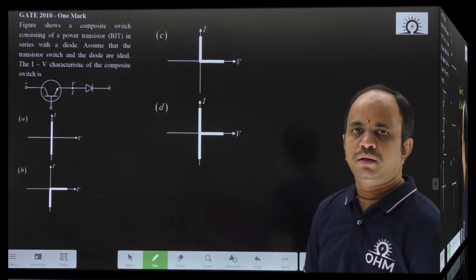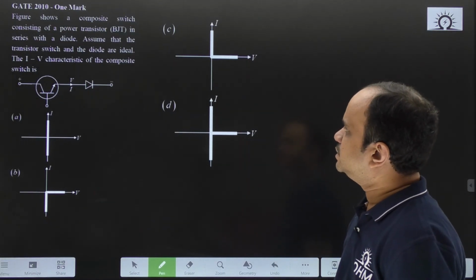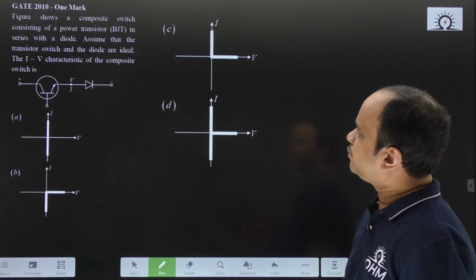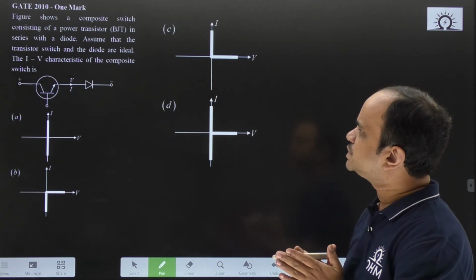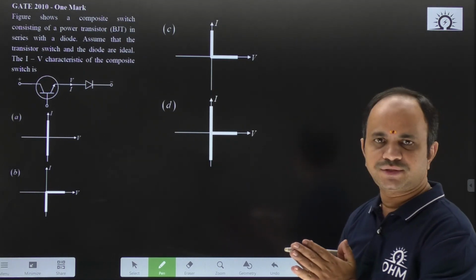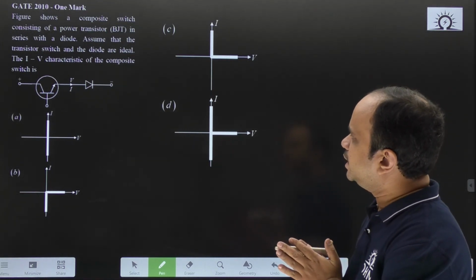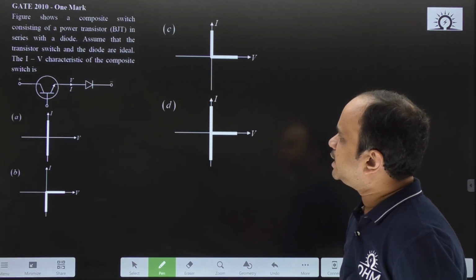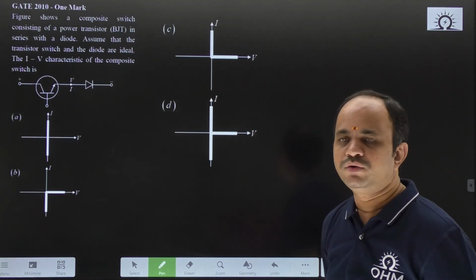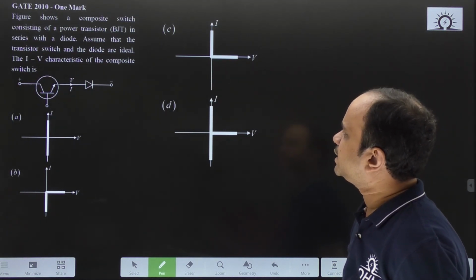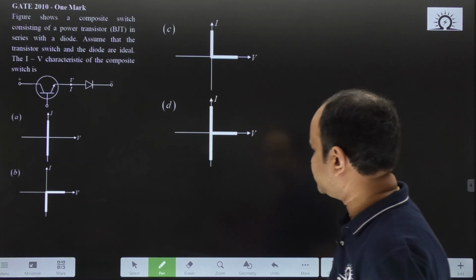Now, let us go to the next question. This question was given in GATE 2010 for 1 mark. The following figure shows a composite switch, consisting of a power transistor, that is BJT, in series with a diode. Assume that the transistor switch and the diode are ideal devices. Now, what is the IV characteristics of this composite switch?